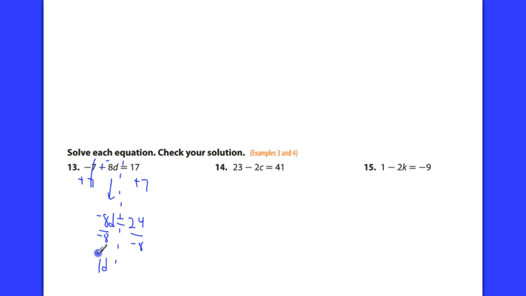Anything divided by itself is 1. That's equal to 24 divided by -8, which is -3. And that's the answer. If we were going to check it, we'd put it right in there. We'd take negative 8 times negative 3, which is 24, add negative 7 to it, and you'd have 17 right there.